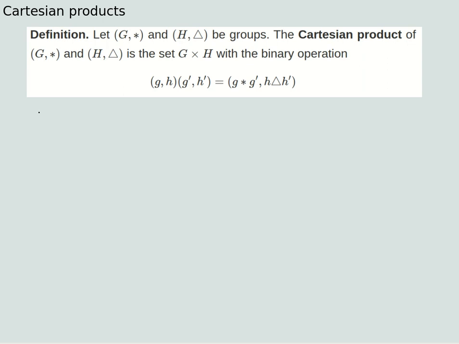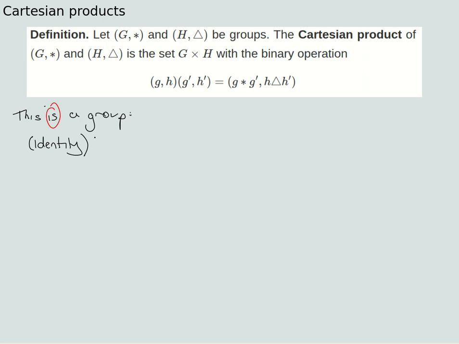So this is not any use to us unless it actually does form a group. So let's try and verify that this really is a group. We have to verify the three group axioms, and the first group axiom is the axiom of identity.